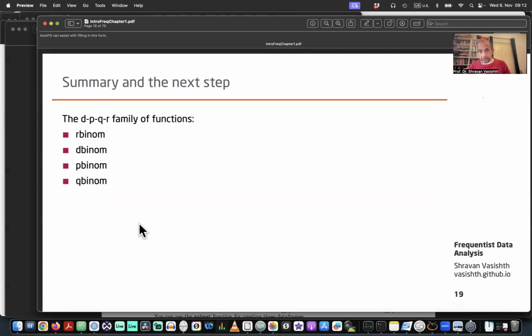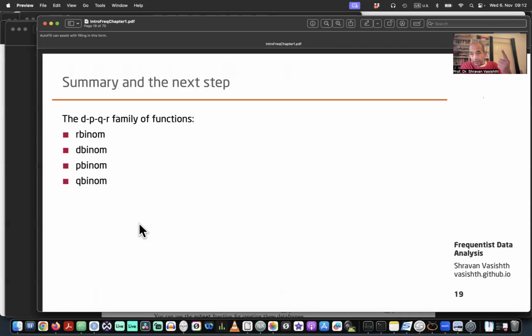Here's the big insight, right? For a particular discrete random variable, in this case the binomial random variable, there will be four functions that tell you everything about that particular random variable. These are called the DPQR family of functions. R is producing random data for you, and we will be simulating data in this course, to get an understanding of how random processes work, how experiments play out.